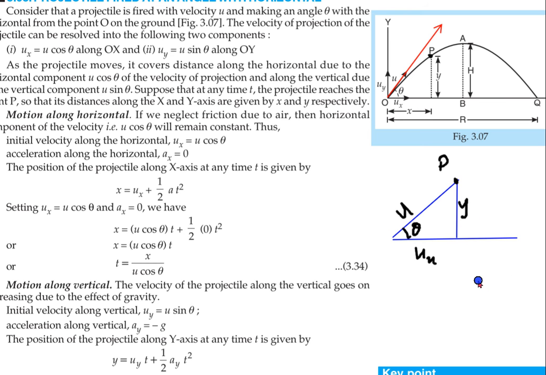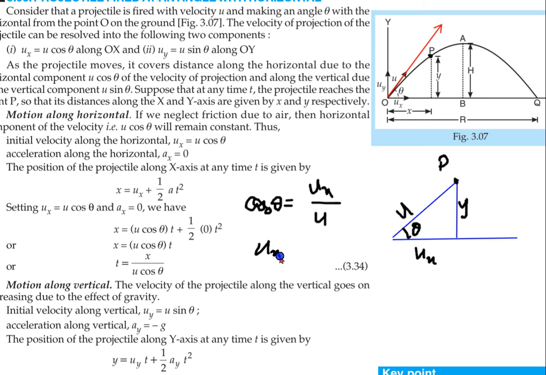Cos theta is base by hypotenuse. Base is ux, hypotenuse is u.